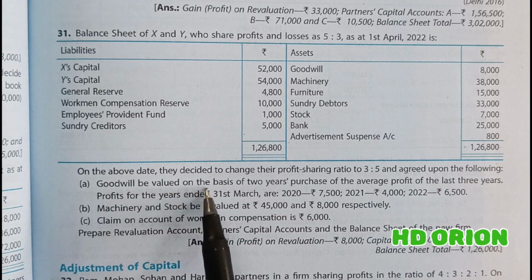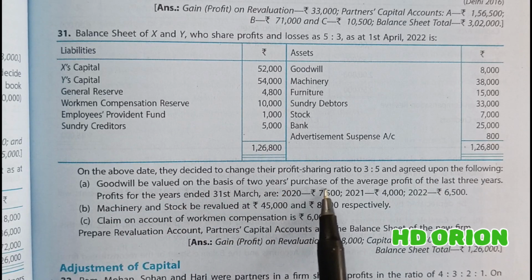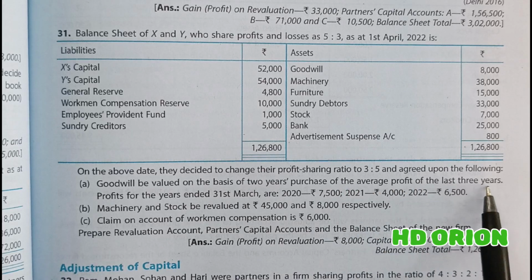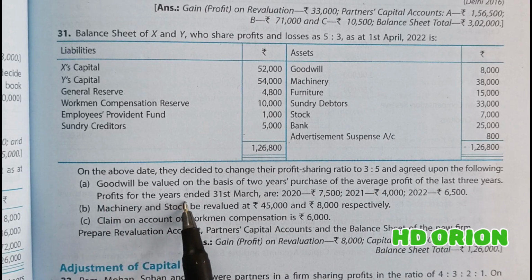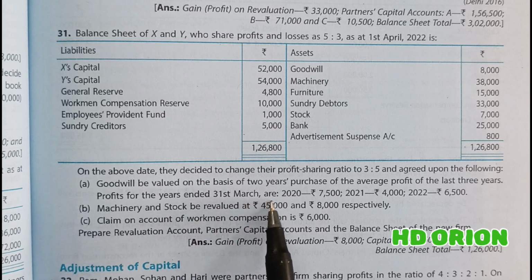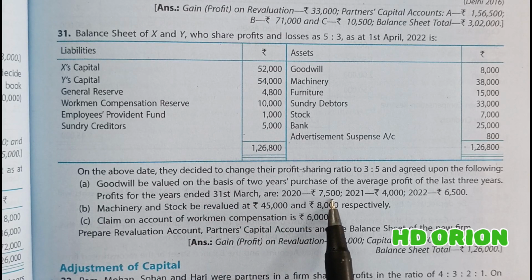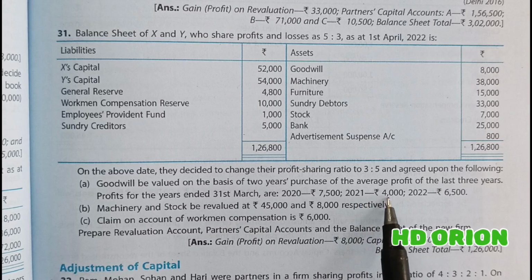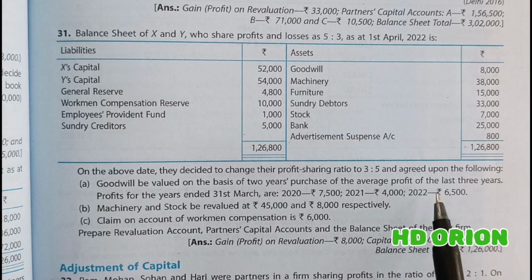Goodwill be valued on the basis of 2 years purchase of the average profit of the last 3 years. Profit for the years ended 31st March are 2020 rupees 7,500, 2021 rupees 4,000 and 2022 rupees 6,500. This is the same year. Fine. So previous years' profit it is.